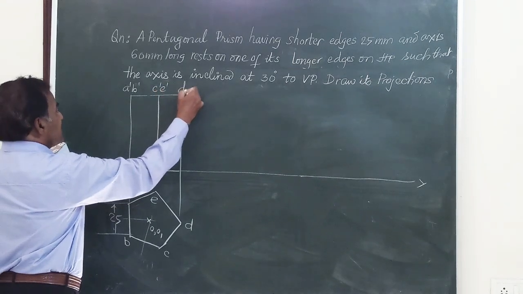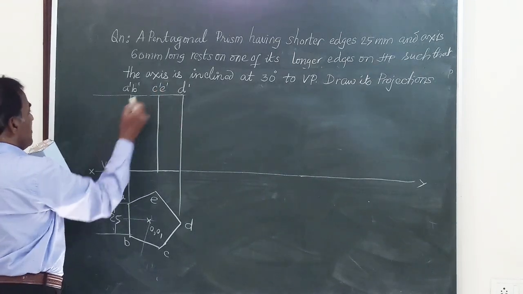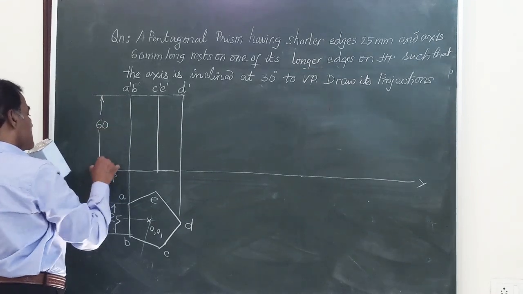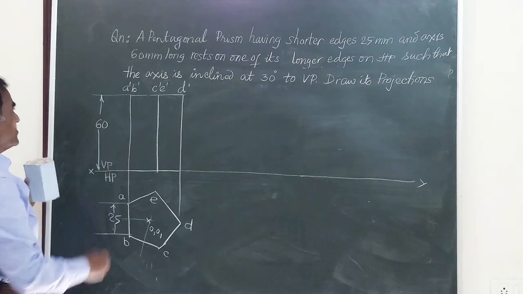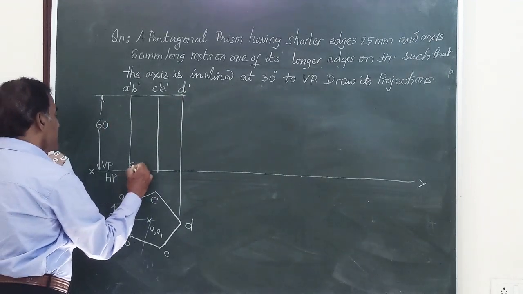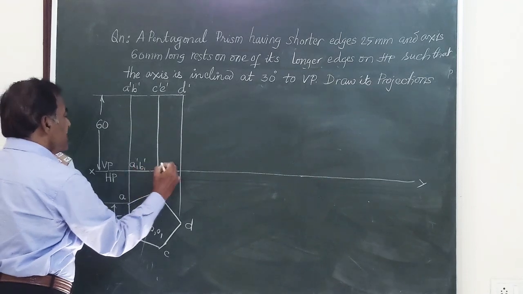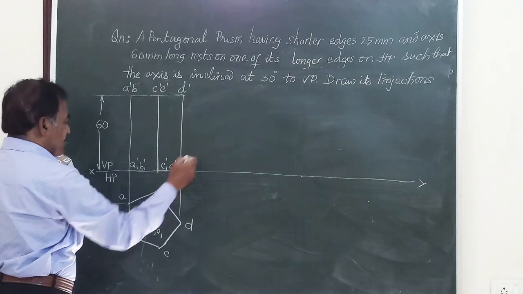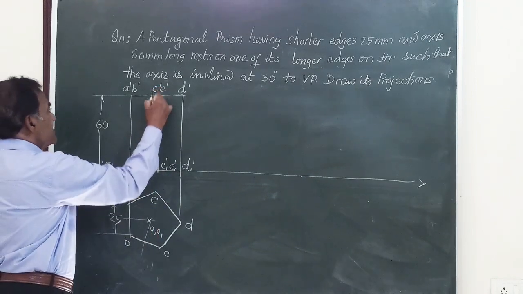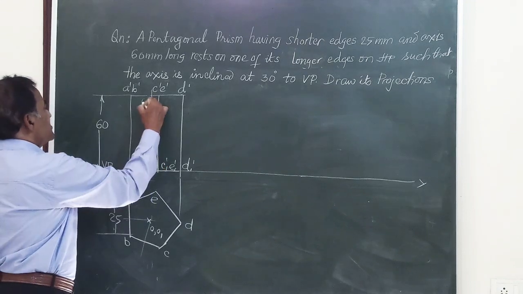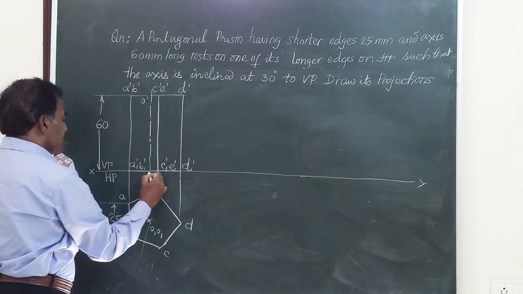This is D dash, and the height of this object is given to be 60 mm, and that dimension has to be marked here. So after marking here, move to the bottom face and mark this as A1 dash, B1 dash, C1 dash, E1 dash. The axis is somewhere here. I just mark it as dash dot, and say this is O dash and O1 dash.